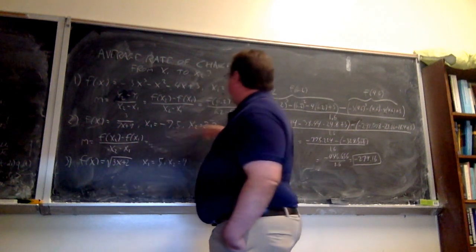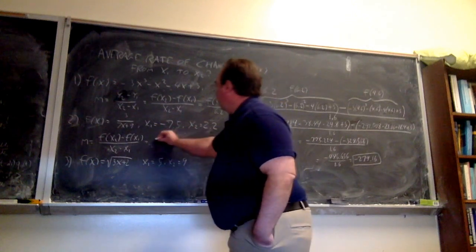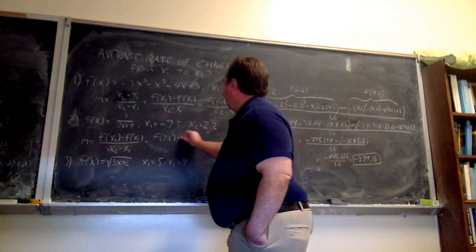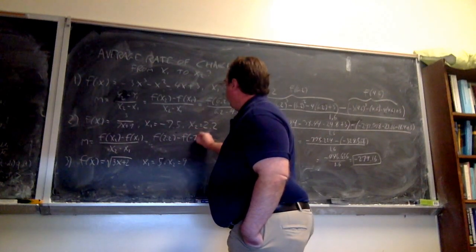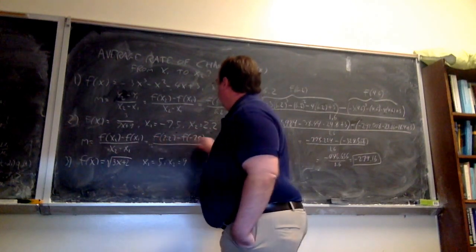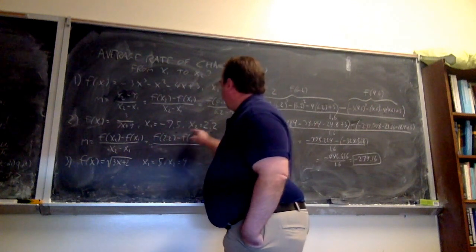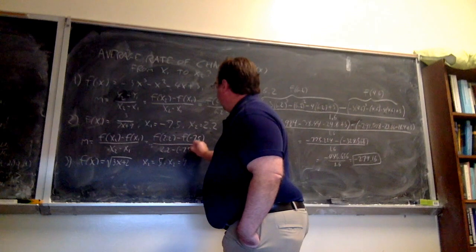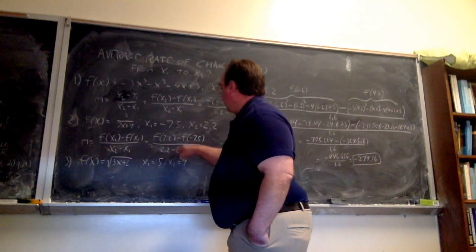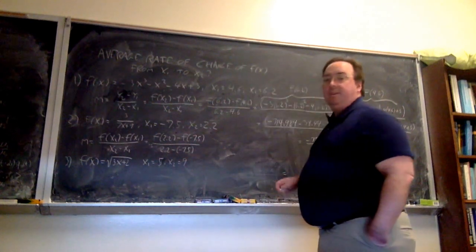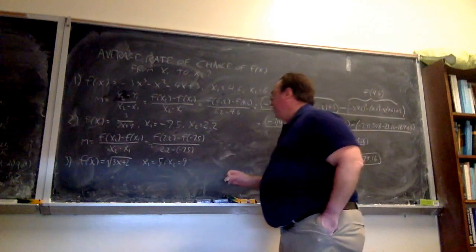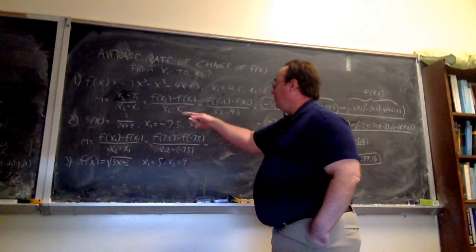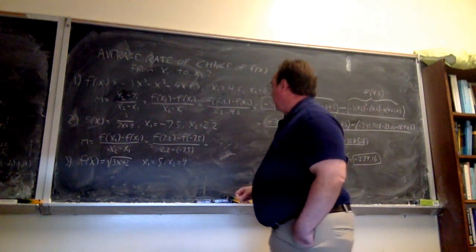We'll fill in our given x values now, they're different. So we have f of 2.2 minus f of minus 7.5 over x2, which is 2.2, minus minus 7.5. So minus and minus gives us a plus. Okay, now we need to substitute these x values into our function f of x.